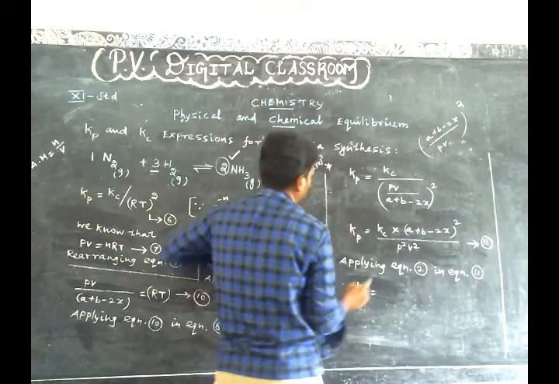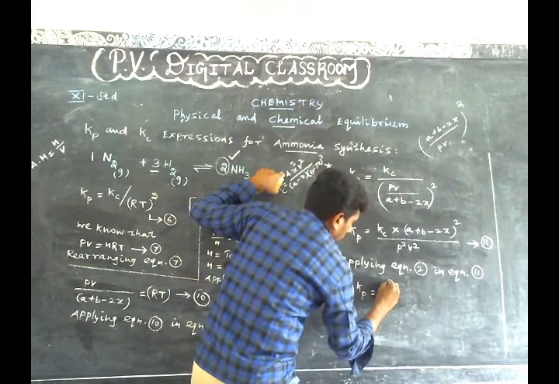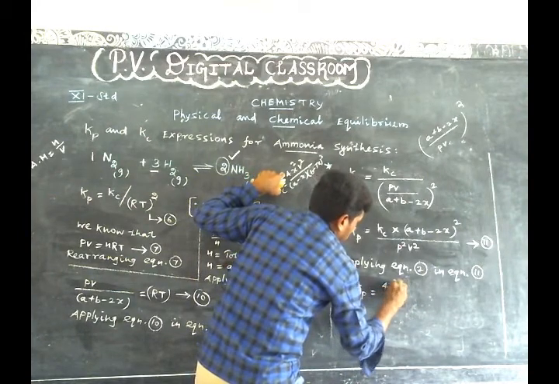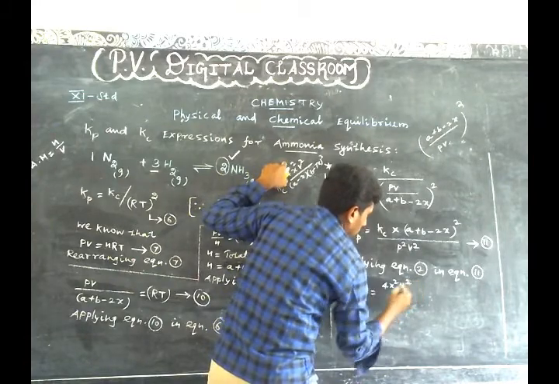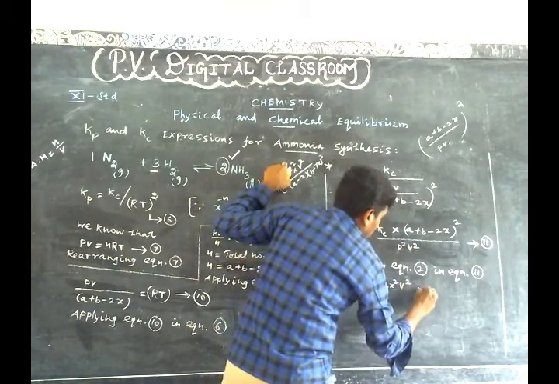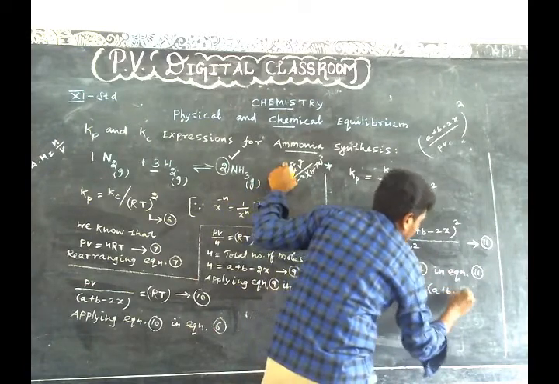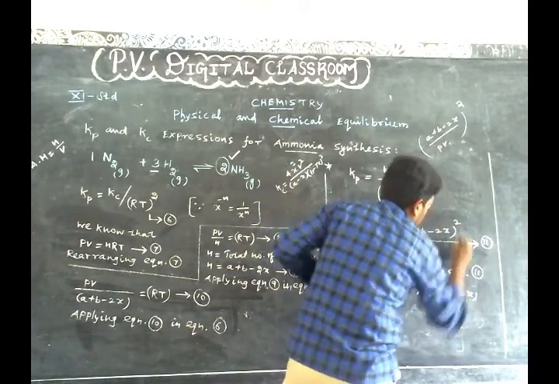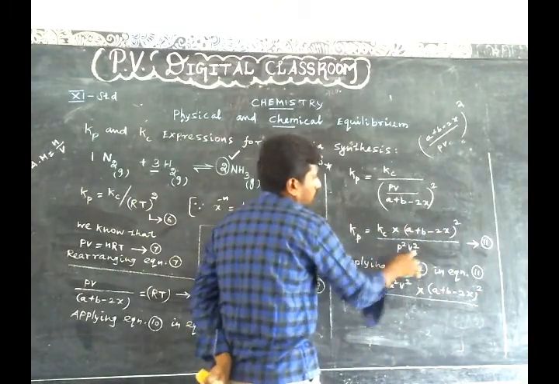Kp is equal to, Kc is replaced by 4x square into V square into A plus B minus 2x whole square divided by P square into V square.